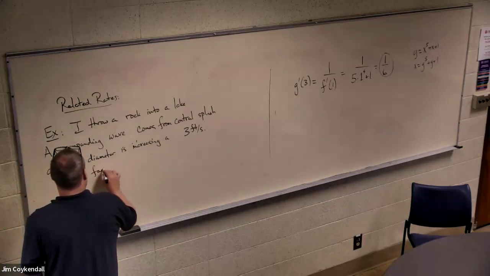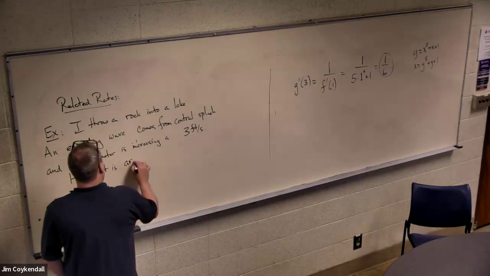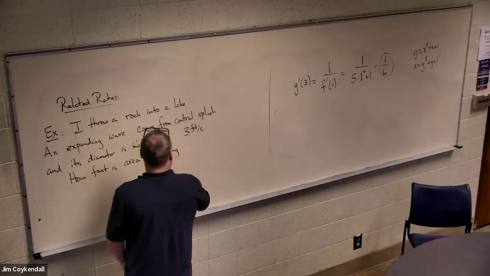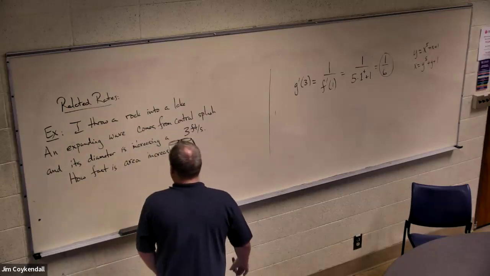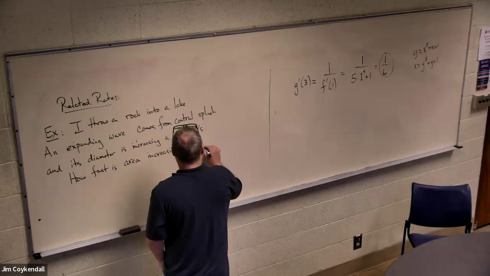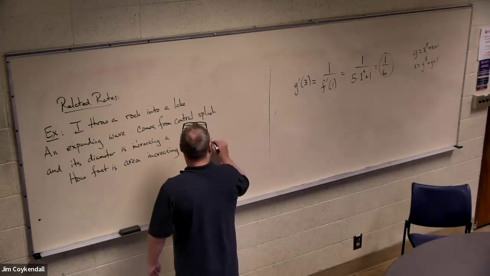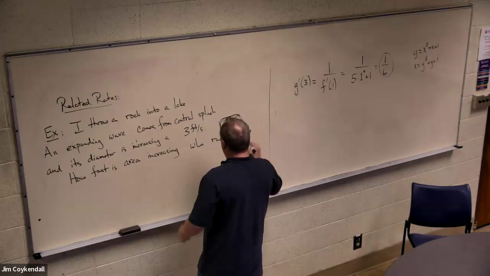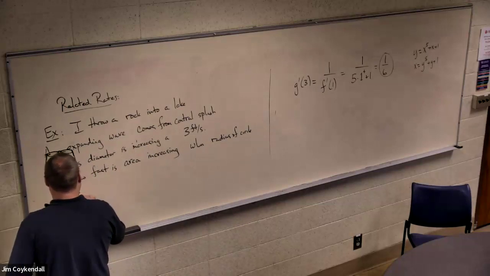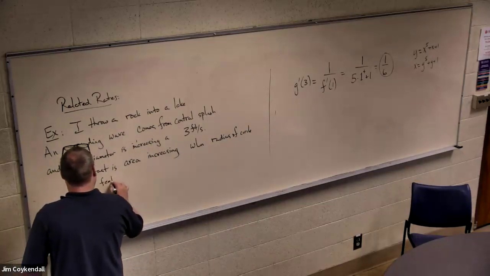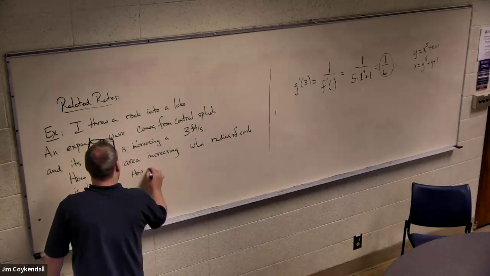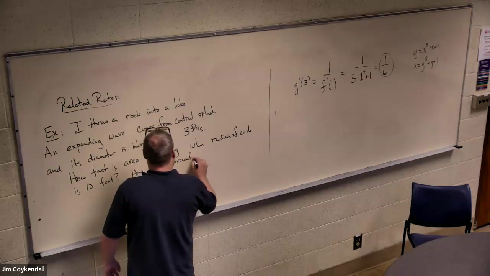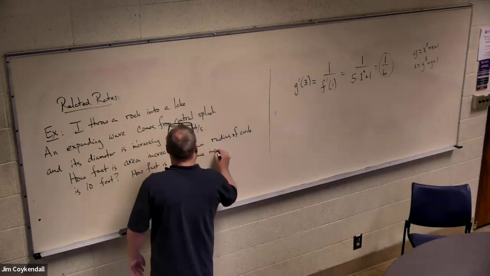How fast is the area decreasing when the radius of the circle is 10 feet? How fast does the circumference decrease?